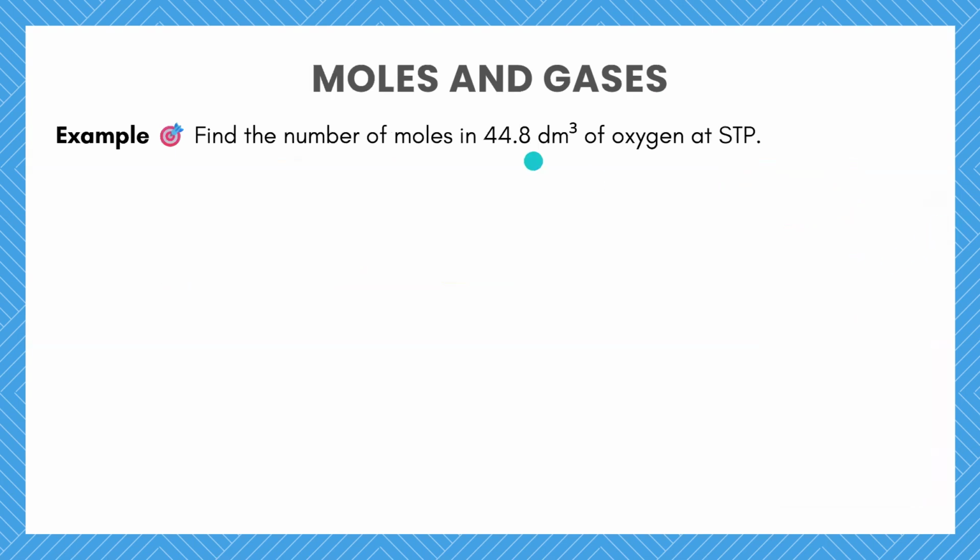So let's solve an example and see if we can understand one or two things. The example starts off by saying find the number of moles in 44.8 dm³ of oxygen at STP. So we know the formula says the number of moles of a gas is given by the volume occupied by that gas in dm³ divided by 22.4.